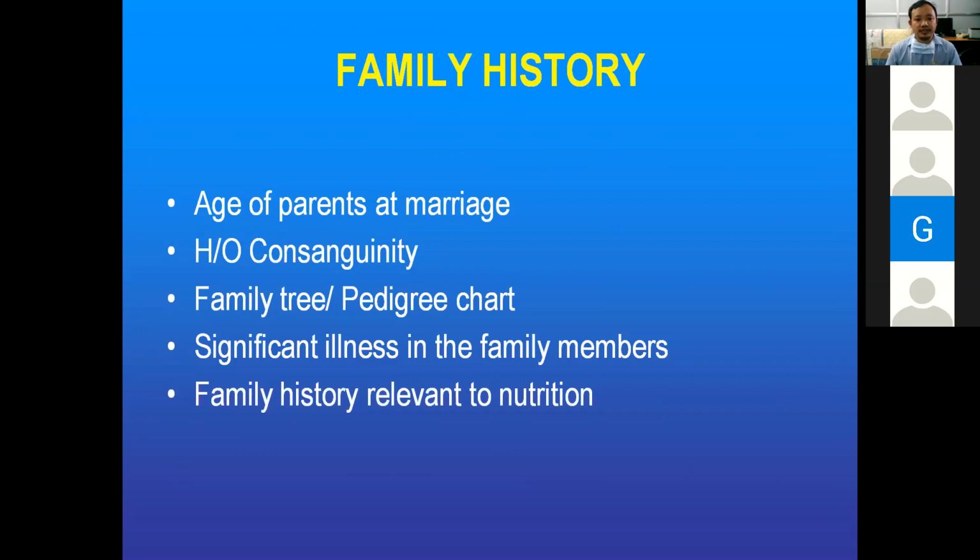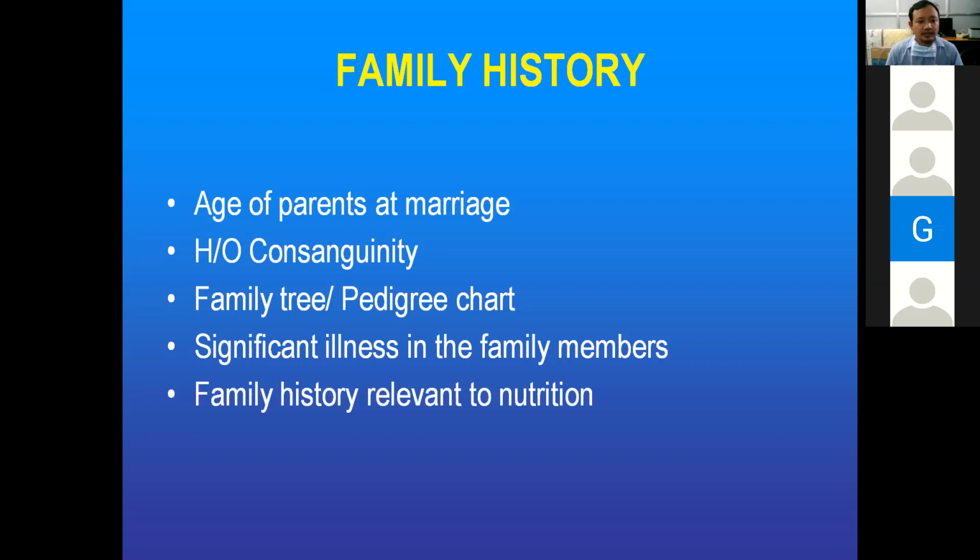With increasing age of mothers, we are more likely to have Down syndrome, and in case of father, more likely to have Marfan syndrome. Then if there is a history of consanguinity, autosomal recessive disorders are more likely to affect a child born of a consanguineous marriage.